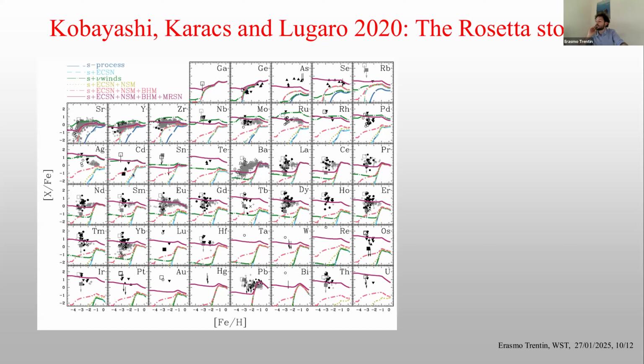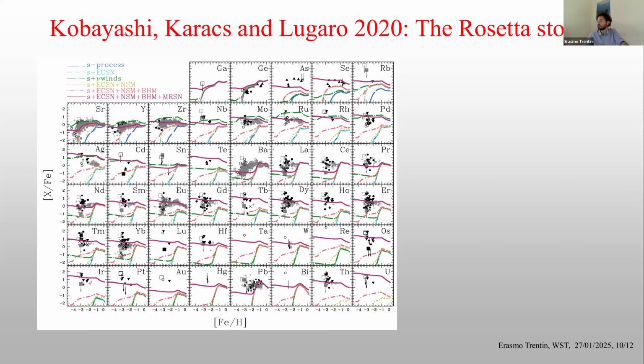Also in this picture we have the dependence of each element on iron, or from another point of view, the evolution of each element as the iron goes up and up.